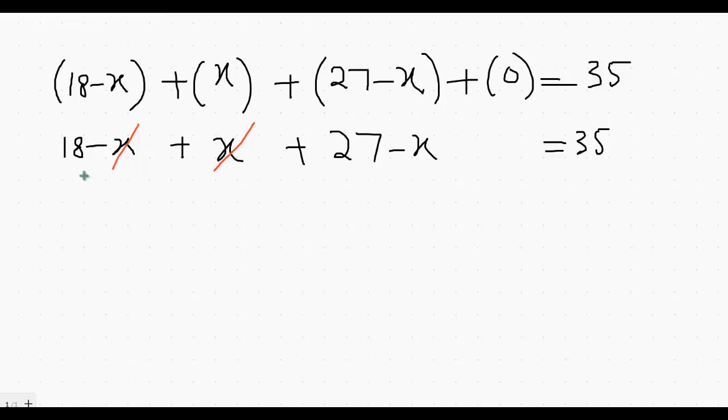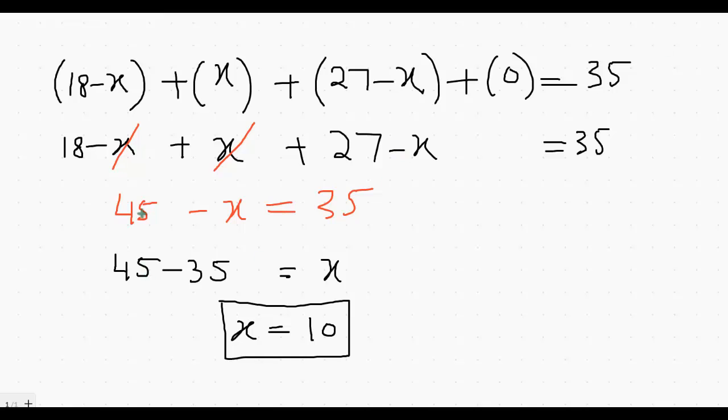Adding 18 and 27 gives us 45, and minus X is equal to 35. Now this is a very simplified equation. After solving it, the value of X is 10.